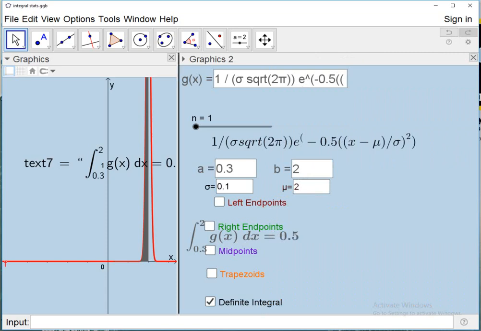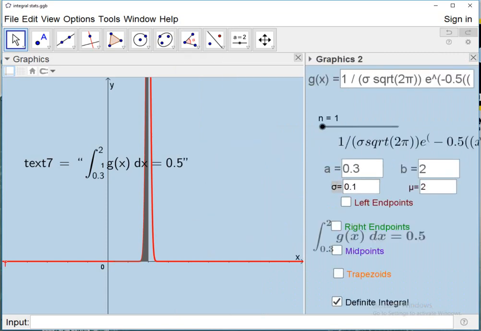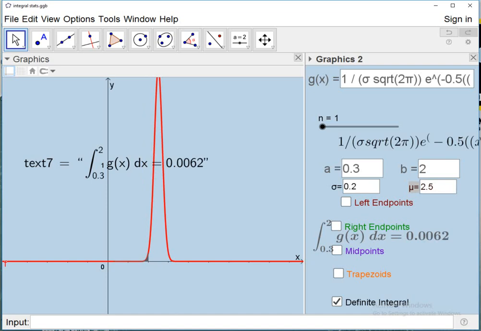If I take those away, each one of these, as I change my sigma and change my mu, might represent, let's say I taught stats for 7 periods throughout the day, and we had a test, and I fit that test in a distribution, and I find out that for all 7 classes, it's a normal distribution. One class might have a distribution that sets up like this, okay? Depending on what the mean and the standard deviation is for that class. So let's say first period looks like that.